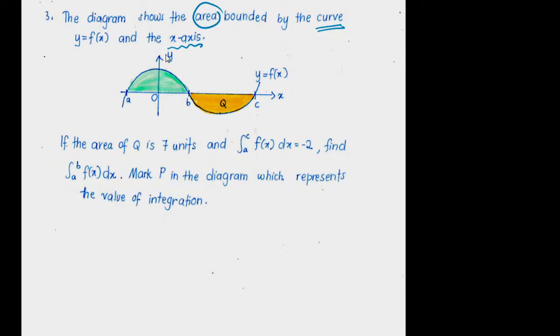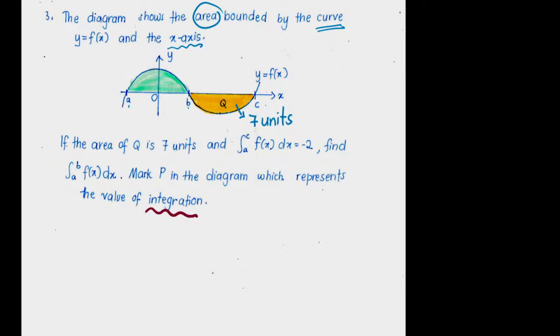Now, the area of Q is 7 units, and the integration from A to C, from the first part to the last part, of f(x) dx is equal to negative 2. Find the integration of f(x) dx from A to B. Mark P in the diagram which represents the value of the integration.